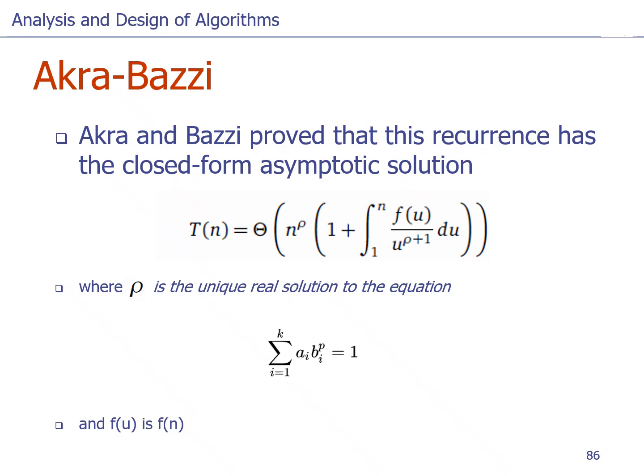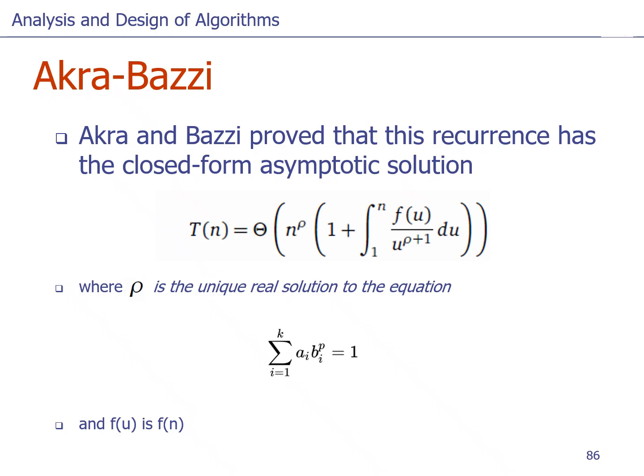Obviously this requires you to do integration, and that's why some students shy away from using this technique, although it is actually super fast to come up with T of n using Akra-Bazzi.